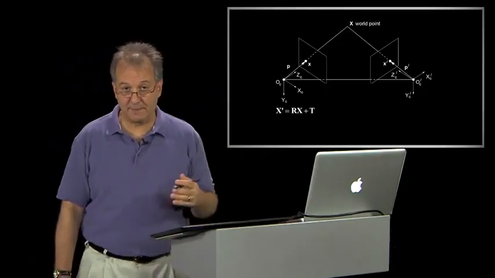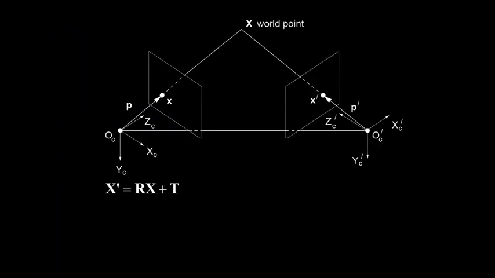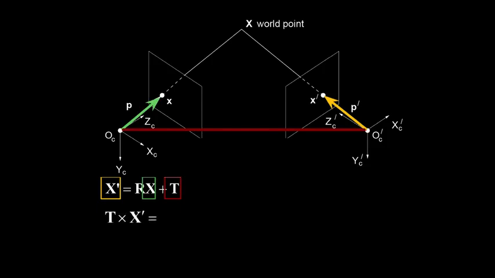So here we start our little mathematical foray down into making it from geometry to algebra. I just wrote what we had before. X prime, the location of x in the prime frame, can be expressed as having rotated the x frame by the R amount and then translating it by t. All right? Great. Let's cross both sides of that equation by t. So we have t cross x prime on the left, but on the right, because of the distributive property, it's t cross Rx plus t cross t.